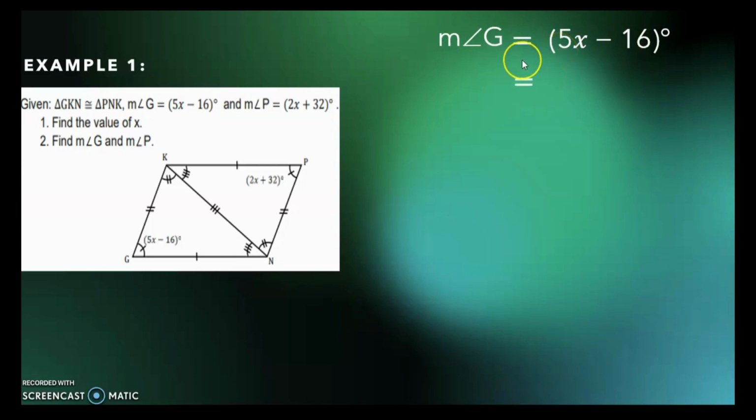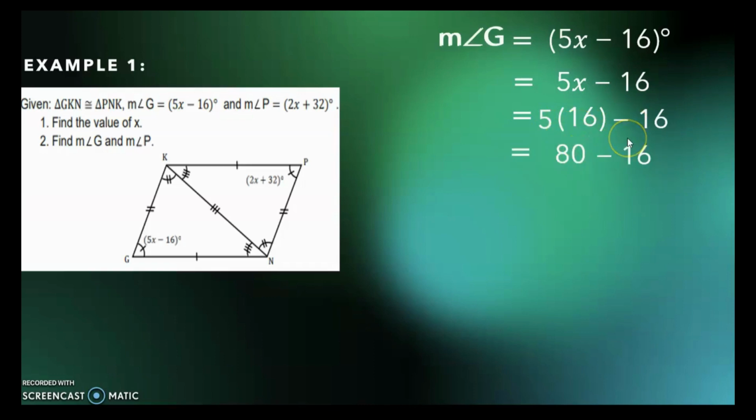By substitution, we rewrite 5x minus 16, and replace x with 16, multiplied by 5. Then 5 times 16 is 80, minus 16. So, the measure of angle G is equal to 64 degrees.